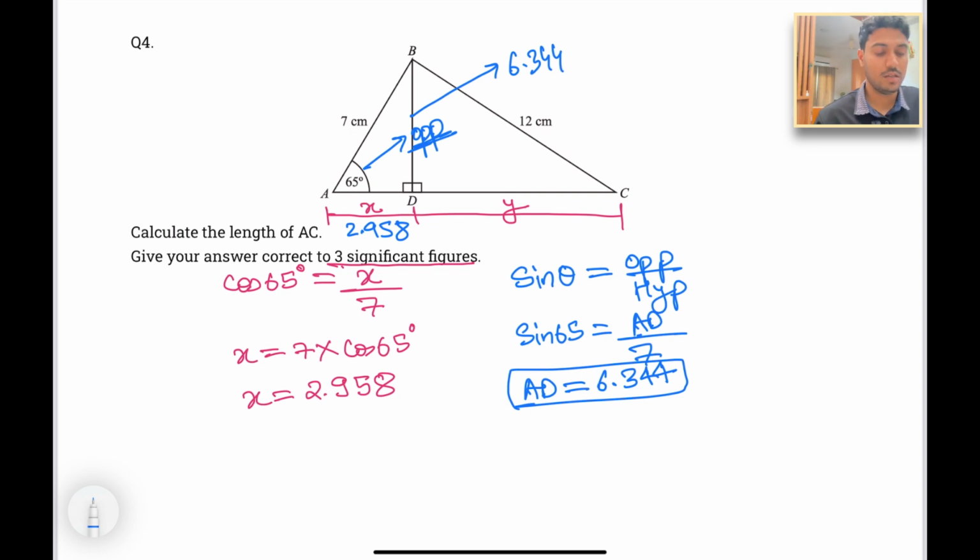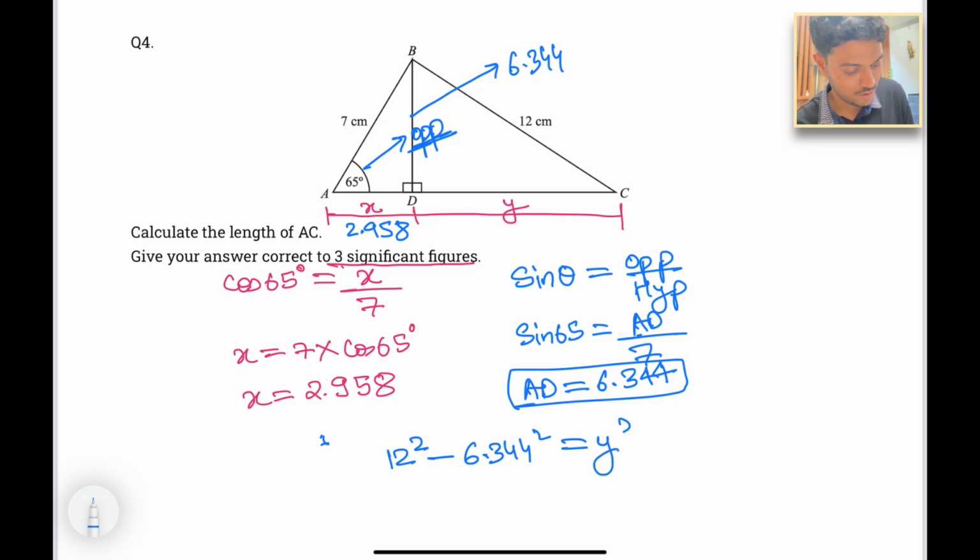We have to find DC. So again, in right angle triangle, opposite side, the perpendicular, is known to us and hypotenuse is known to us, and base DC is missing. So we can simply do in triangle CDB, 12 square minus 6.344 square is equals to y square.